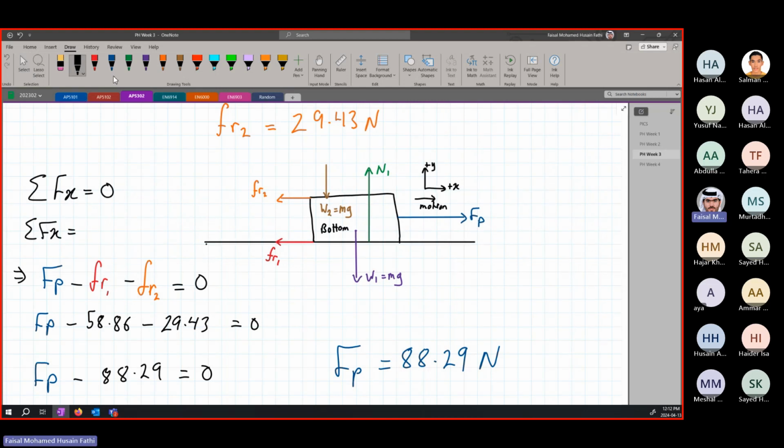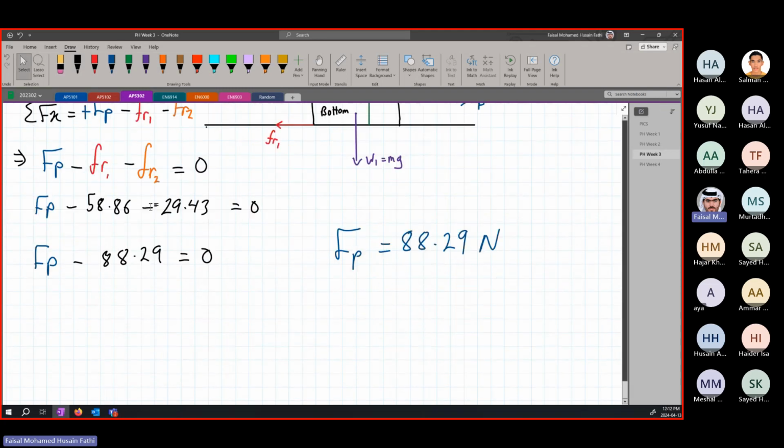Basically all the forces added up is going to be positive Fp minus FR1 because it's to the left, and minus FR2. Okay. And then we just plug in all the values we have and we can solve for Fp. Okay?